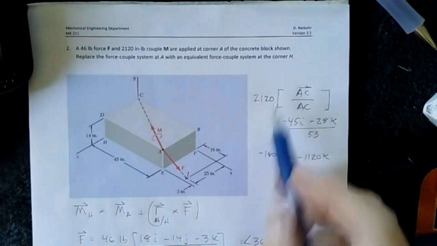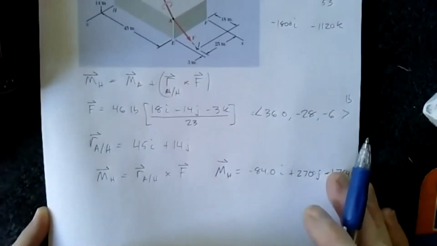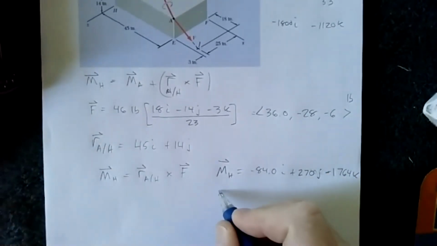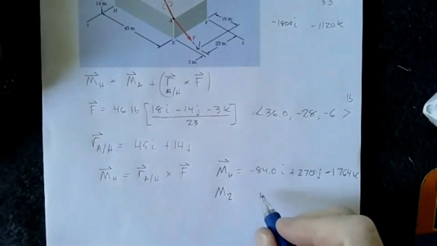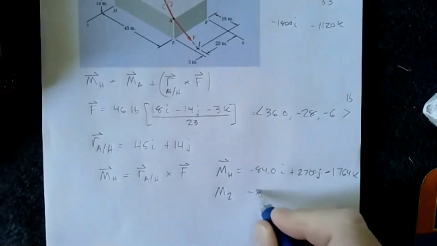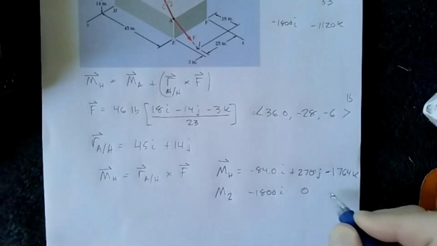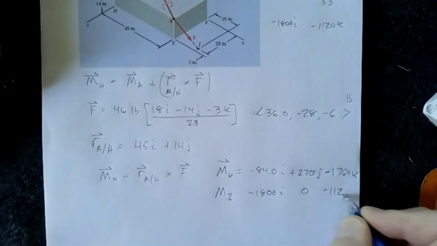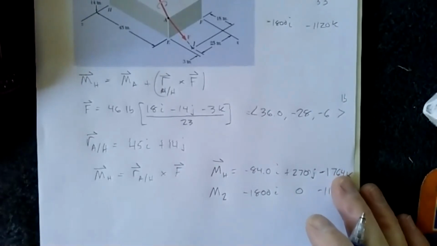So all that was putting that moment into vector form. So if I come up here, I call that M, just call it M2. And I have my negative 1800I, 0, and negative 1120K. And that's pretty much it.